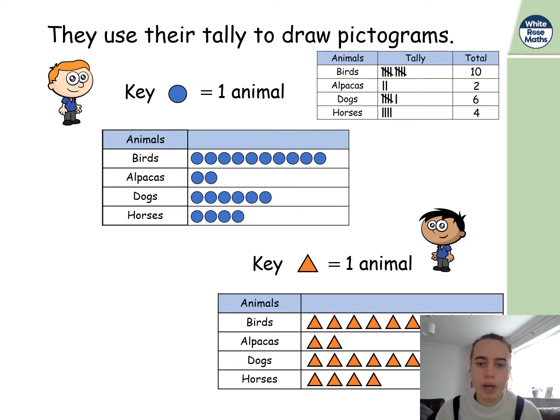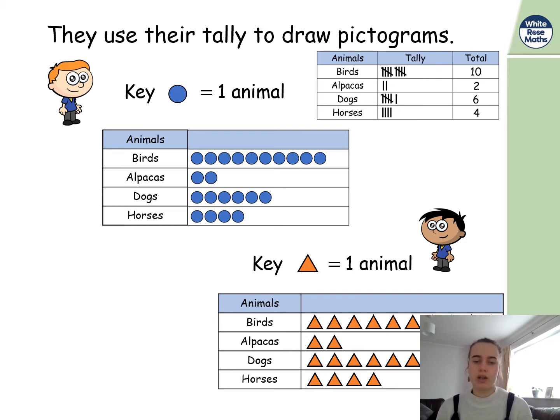So in the birds, the same as the last slide, there are 10 blue circles in the bird row, so there were 10 birds. There were 2 blue circles in the alpacas, so there are 2 alpacas. And down at the bottom, the other boy has used triangles instead, and his triangle also shows one of that type of animal.